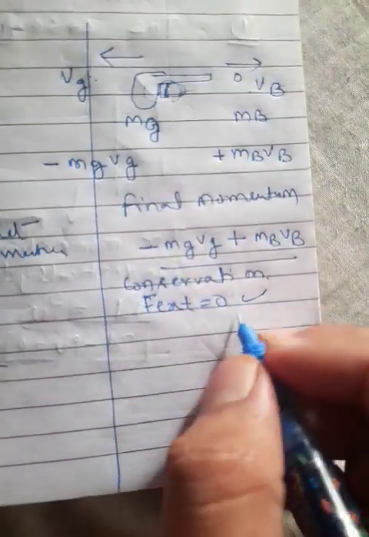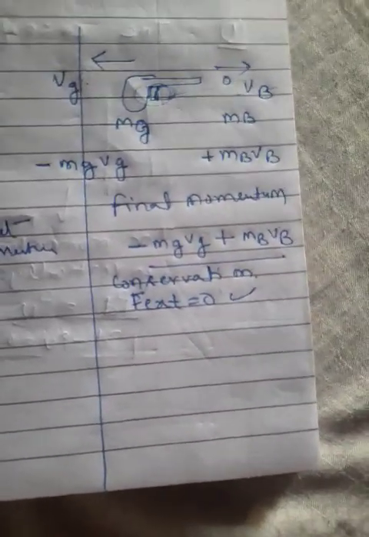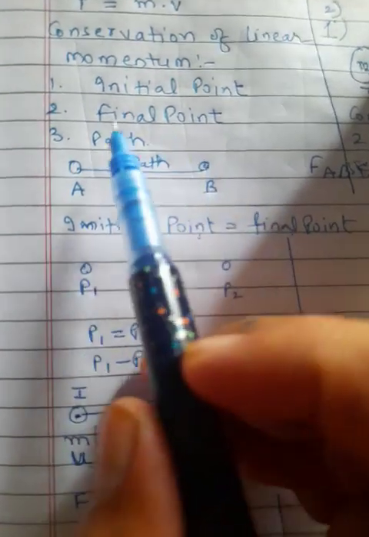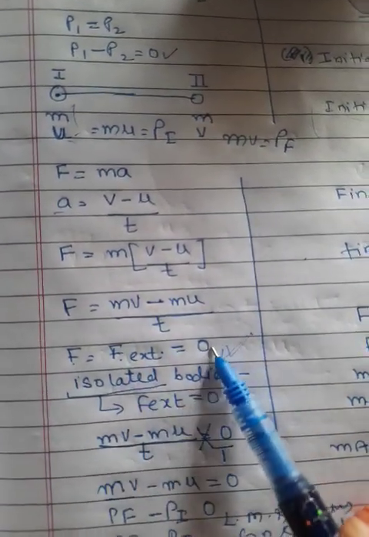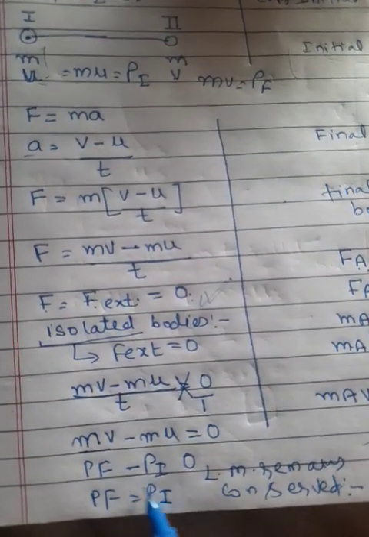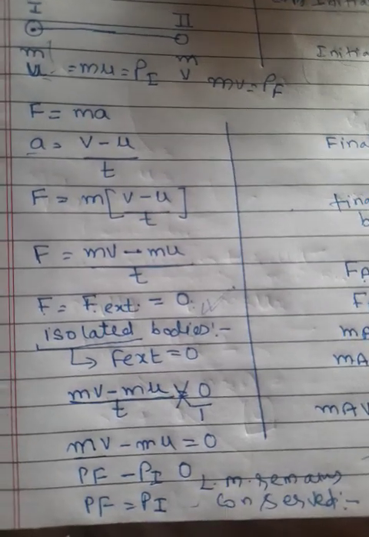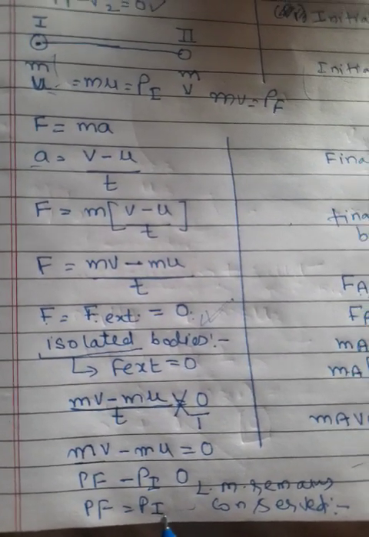When external force equal to 0, so at that time what will we do? You can come to the previous point. See here at this point. Listen, when external force equals 0, after solving this we will get final momentum is equal to initial momentum. Yes, final momentum is equal to initial momentum. Say yes or no?